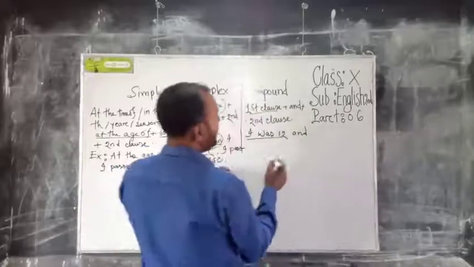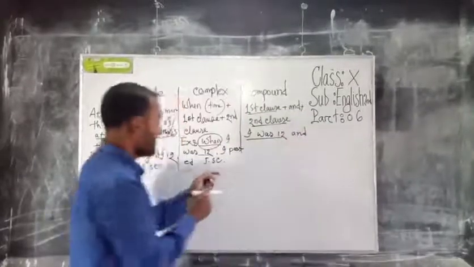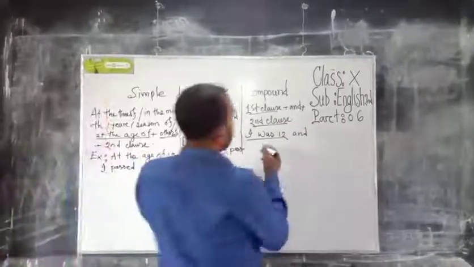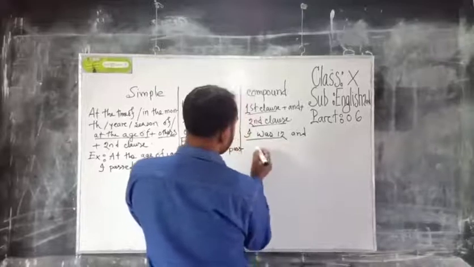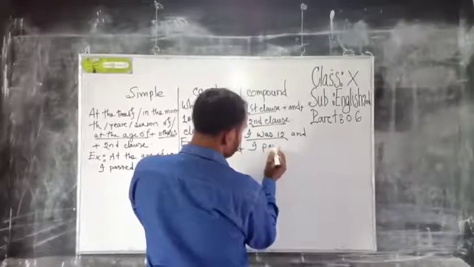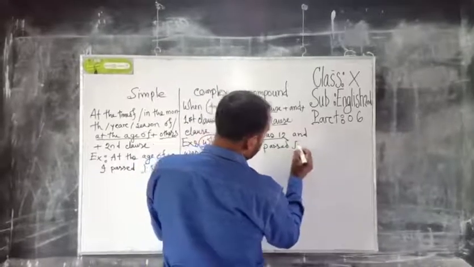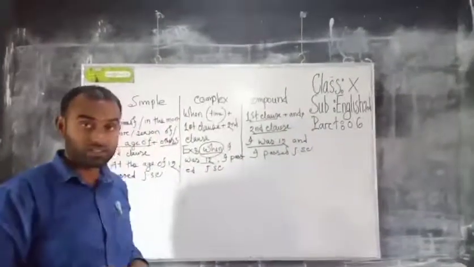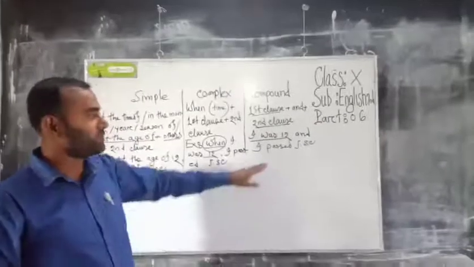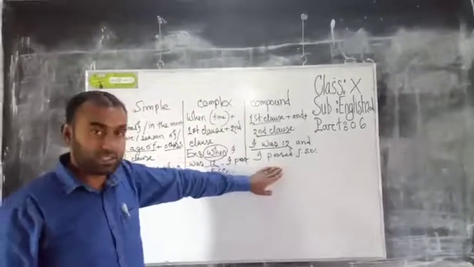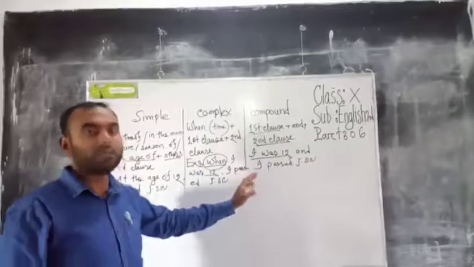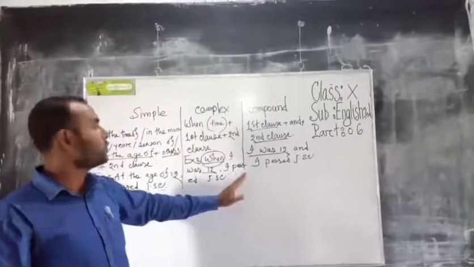I was 12 and then the second clause. Same thing. What is the second clause? I passed JSC. I was 12 and I passed JSC. Dear learners, have you understood well? It is too easy a thing, and this is the way of transferring this sentence.